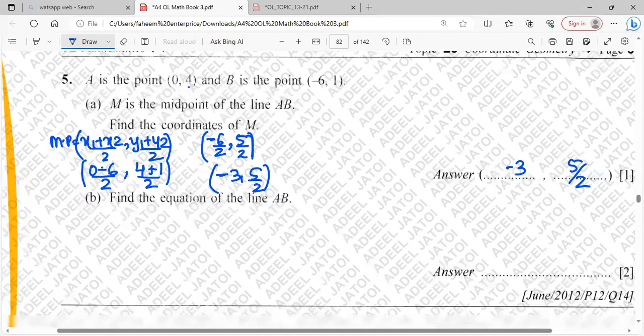Then the question says equation of the line AB. Now again for an equation we need gradient, and we need any one point.